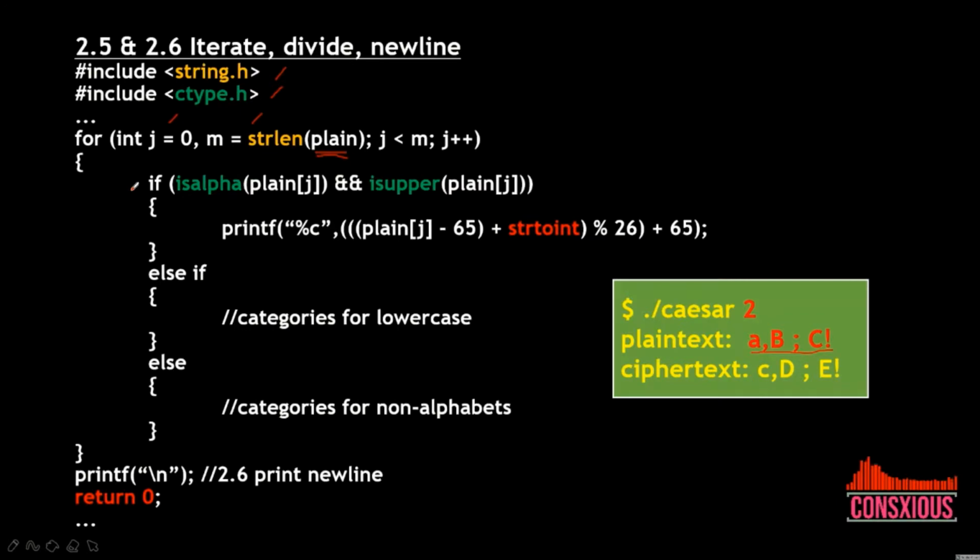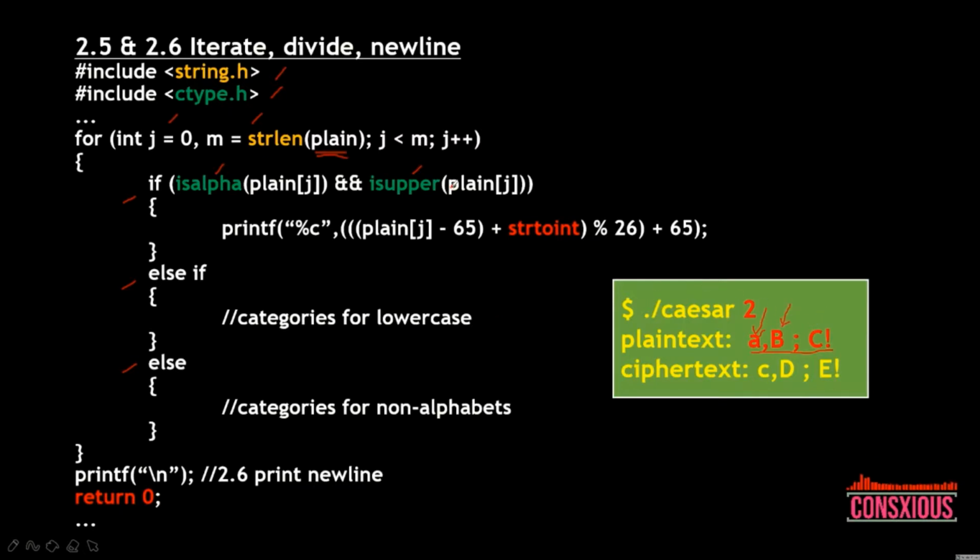From here we have to categorize into 3 categories. For example, if this is an alphabet and it's uppercase, it should go to this category. So we talk about B first.